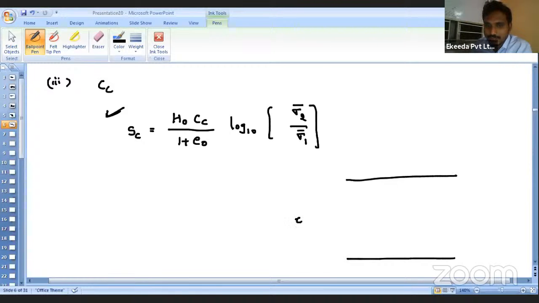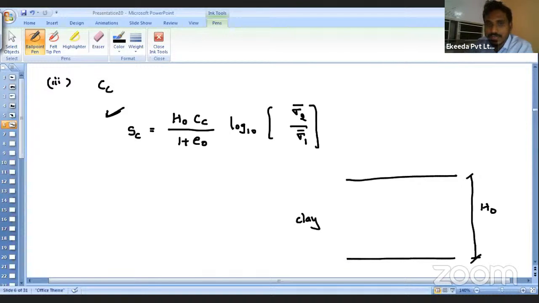Suppose we have some clayey soil with an initial thickness of H naught. H naught is the initial thickness of the soil, and Cc is the coefficient of compression index. How can we find that value?